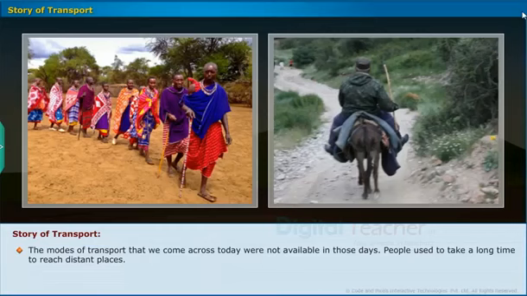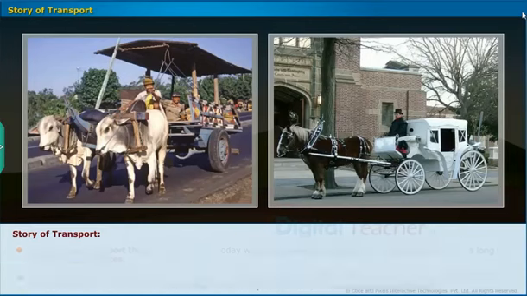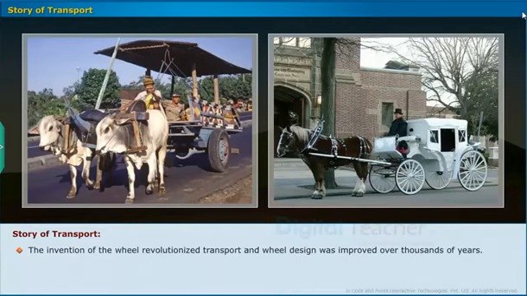People used to take a long time to reach distant places. After the invention of the wheel, man started using animals to pull vehicles that moved on wheels, and thus bullock carts and chariots came into existence and made transportation of goods and people much easier. The invention of the wheel revolutionized transport, and wheel design was improved over thousands of years.